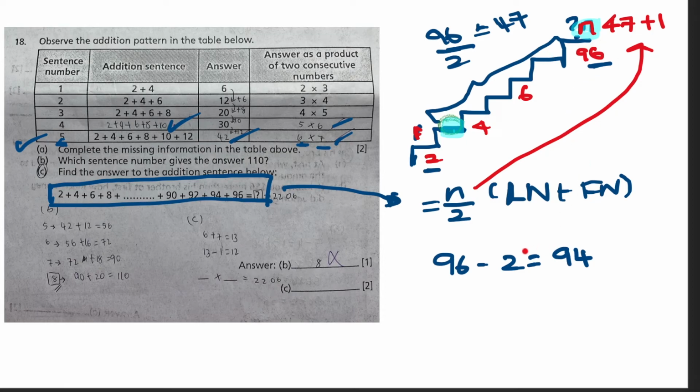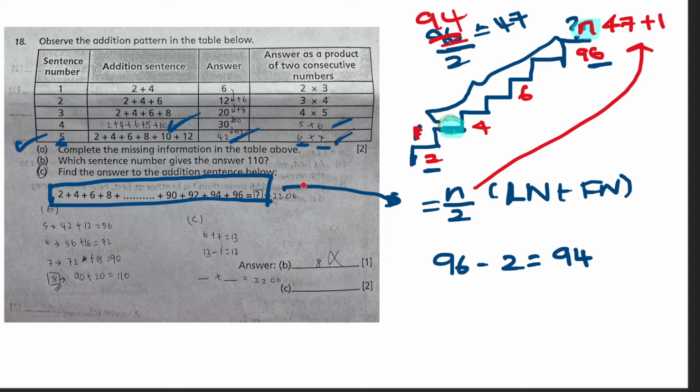Okay? And then, oh, sorry, this is 94. Divide 2. Yeah, 94 divided 2. It's not 96, it's 94.